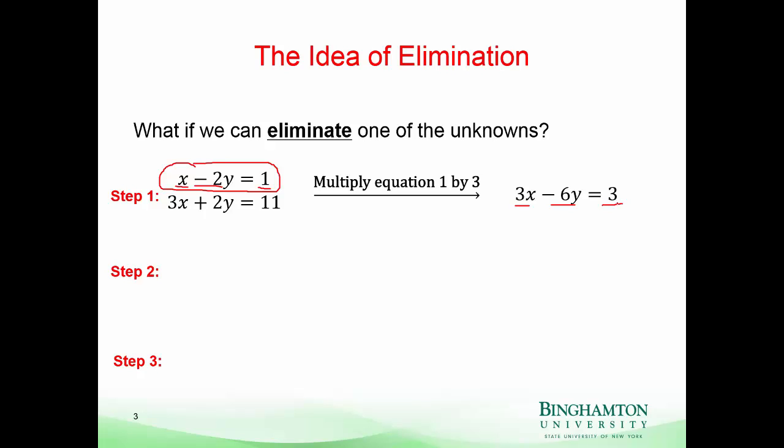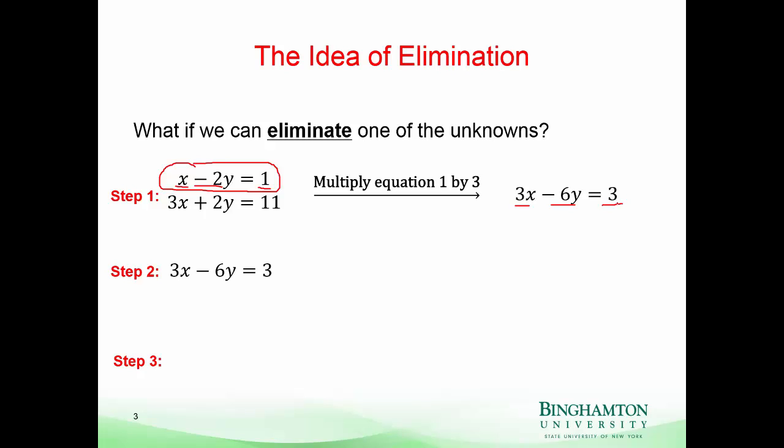All we've done is modify the first equation, but multiplying both sides does not change the fundamental nature of that equation. It will still be solved by the same set of x and y, so we haven't really changed anything by doing that.